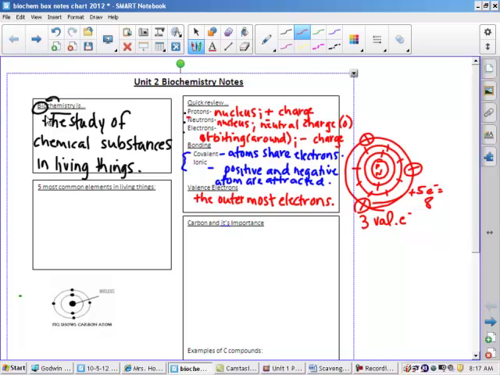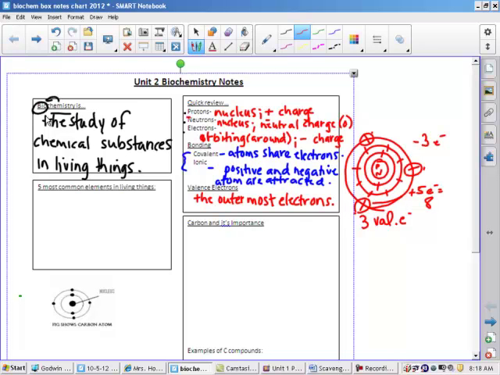Or the other thing it can do is get rid of these 3. It can subtract the 3 electrons that it has, 1, 2, 3, and give them away to other elements that might want them. So that's probably what it's going to do, because it's going to be easier to get rid of 3 than gain 5. Okay? That's going to become important when we talk about some of these main elements that compose living things.